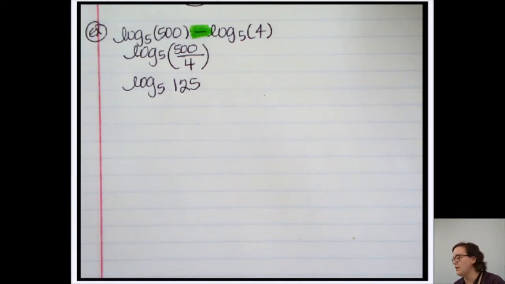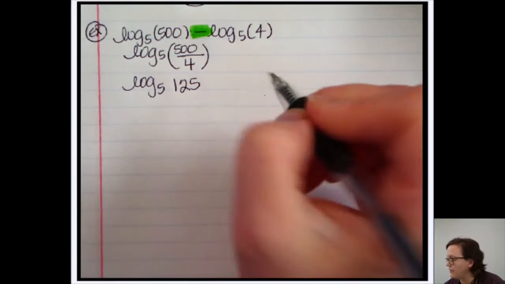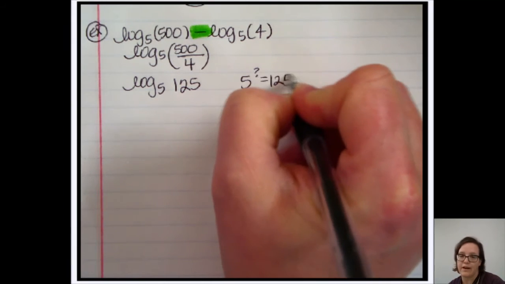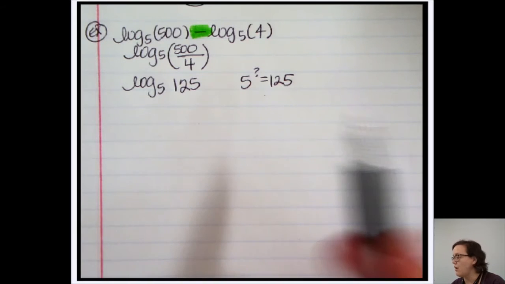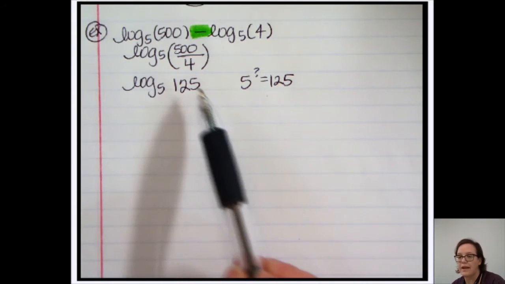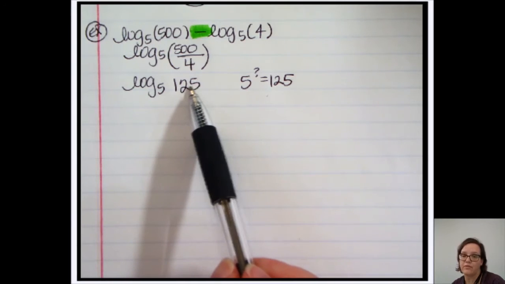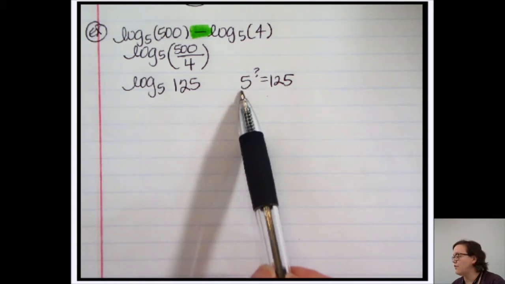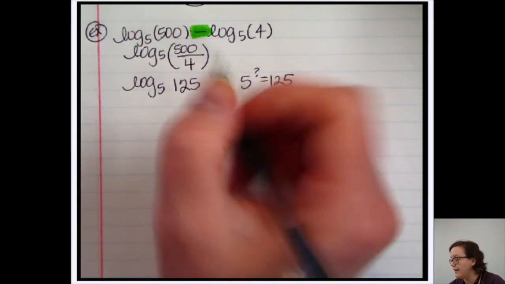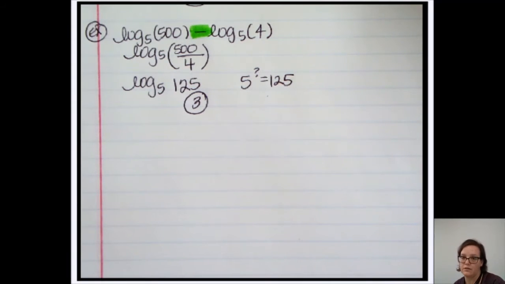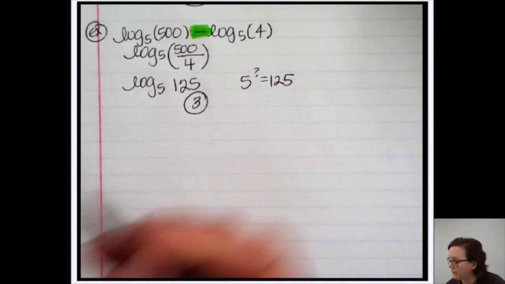Now we're asking ourselves, 5 to the what power is 125? I don't always put this step, because at this point you should remember that that's what we're doing, but if you need to put the step, that's fine. So 5 to the what power is 125? Our answer is 3.